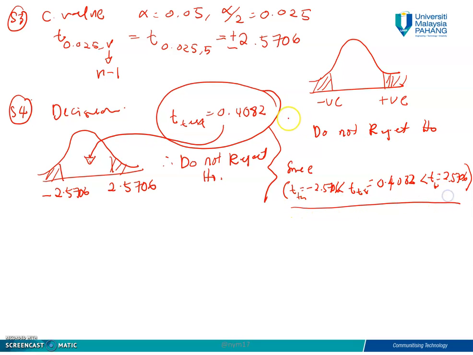So this is how you write it. You can use a figure here, but you must do it like this, or you can write it like this. I'll still accept it.